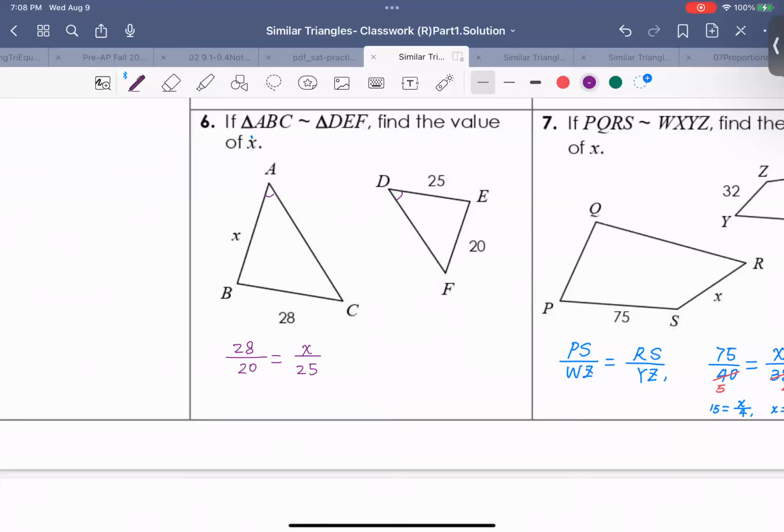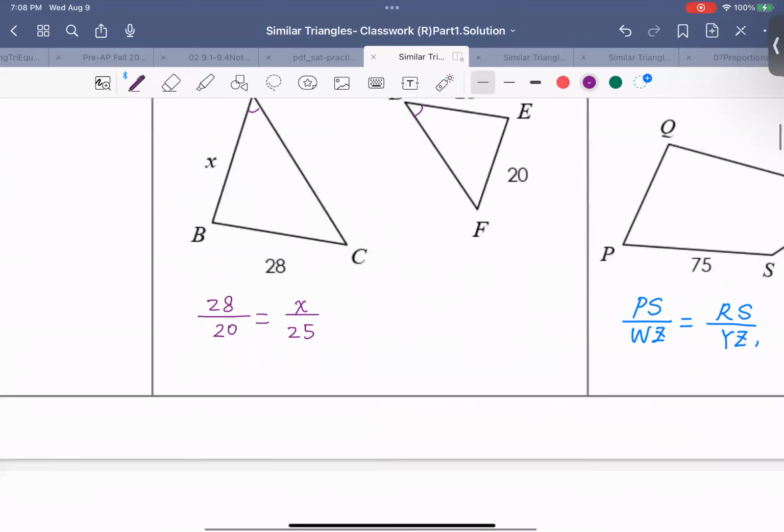When you do the ratio, you don't randomly say, oh, x over 20 equals 28/25. Not really. Based on what you see here, the AB over DE. So AB is x, DE is 25. And the 28 is BC corresponding to EF. So you have to make sure you write down this proportion correctly.